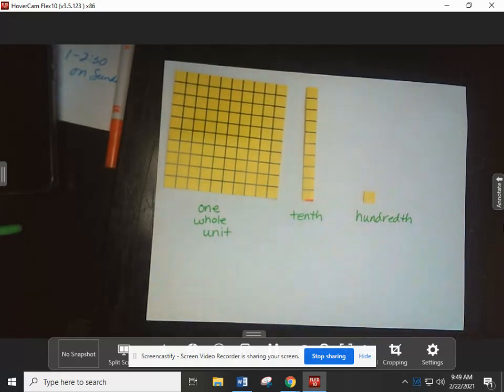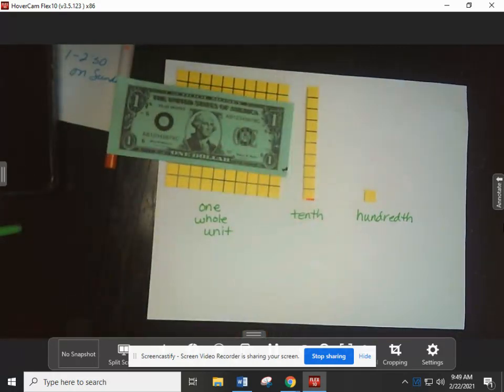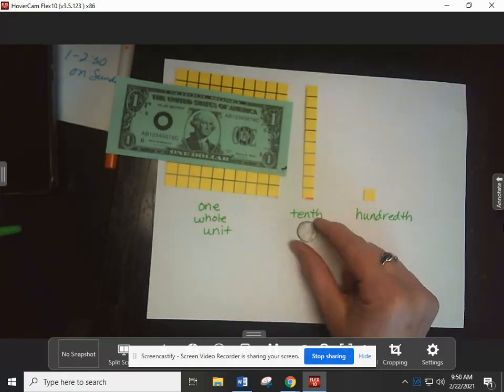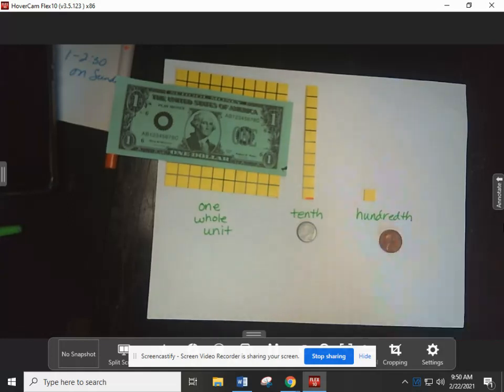And I want you to think of it like this. Make sense? Okay. So that makes sense, correct? If I was going to be writing this as money, how would I write that? Raise your hand.